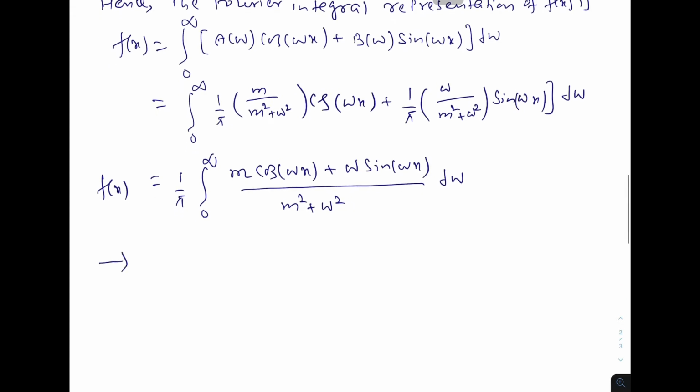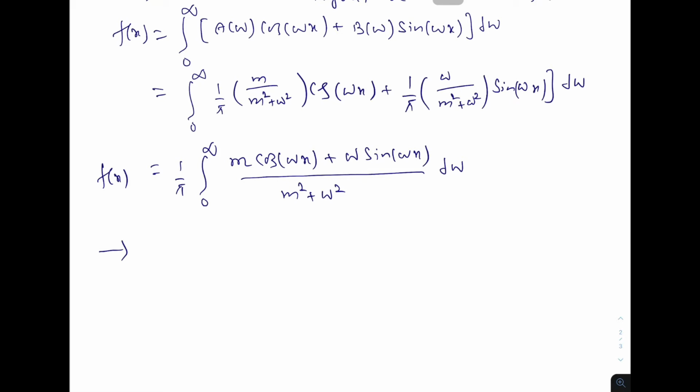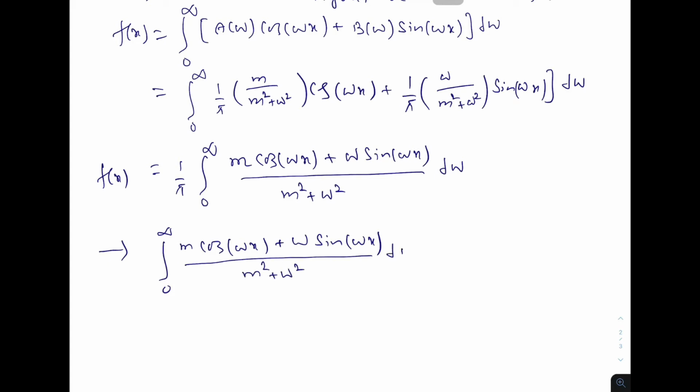Now the next question is the value of the integral. So the value of the integral is this one. You are given the value of this integral: integration 0 to infinity of (m cosine omega x plus omega sin omega x) over (m square plus omega square) d omega equal to pi into f(x).